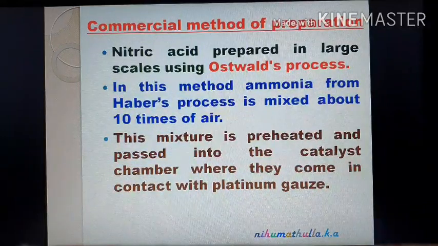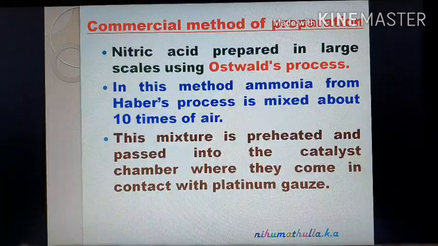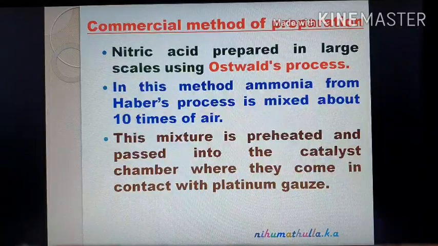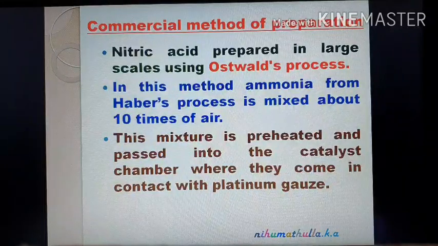This mixture is preheated and passed into the catalyst chamber where it comes in contact with the platinum gauze. So the mixture of ammonia and 10 times of air is preheated and passed into the catalyst chamber where it comes in contact with the platinum gauze.